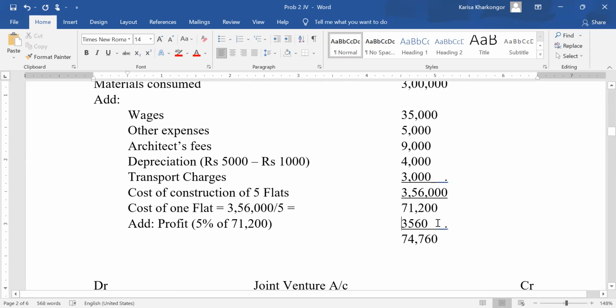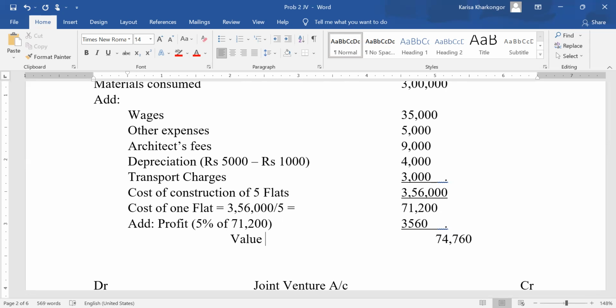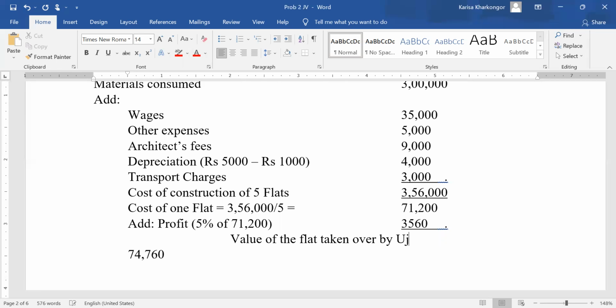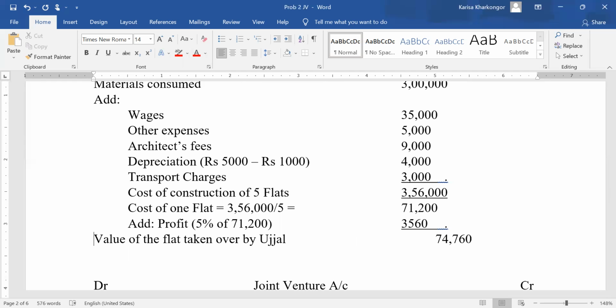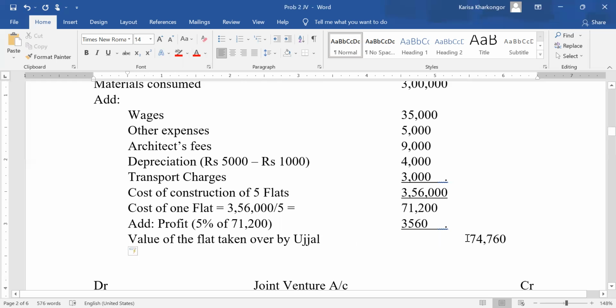So after adding the cost of the flat plus profit, you will get the value of the flat taken over by Ujjwal, which is 74,760.